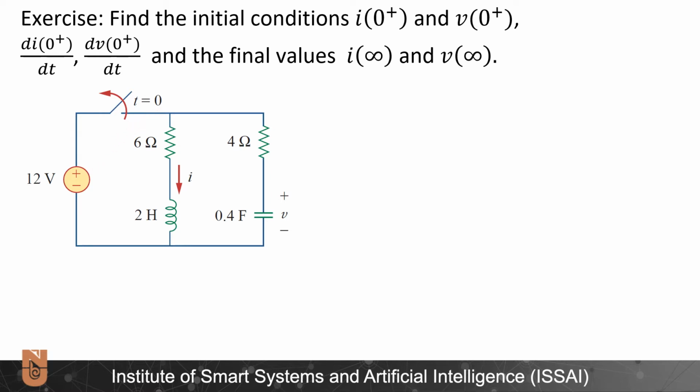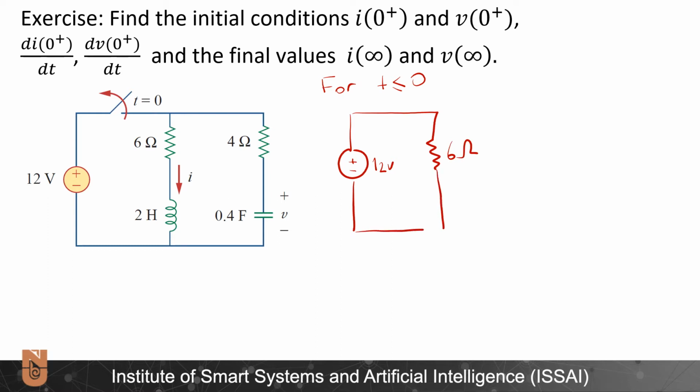Let me start solving this circuit by creating the equivalent circuit for t less than or equal to 0. We will have plus minus 12 volts. Then we will have a 6 ohm resistor here, but the inductor will behave at steady state as a short circuit, so I don't draw the inductor.